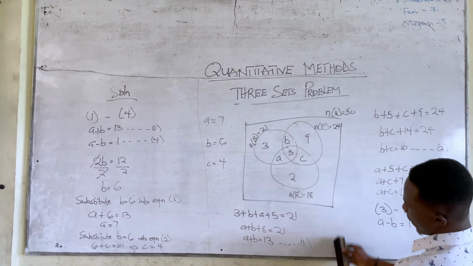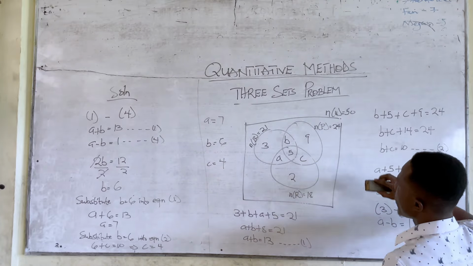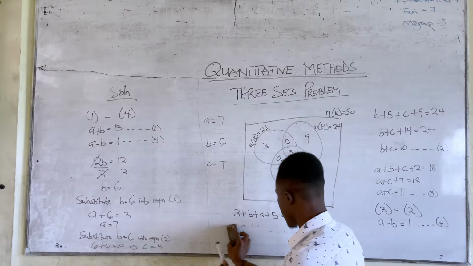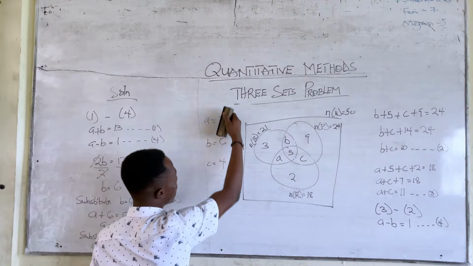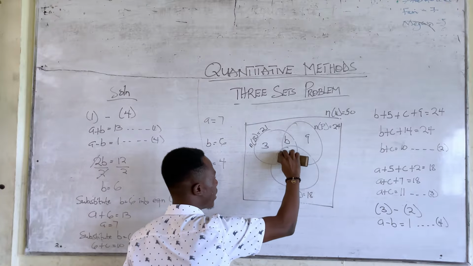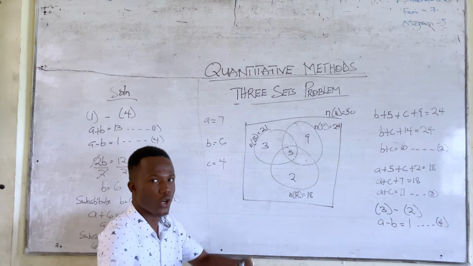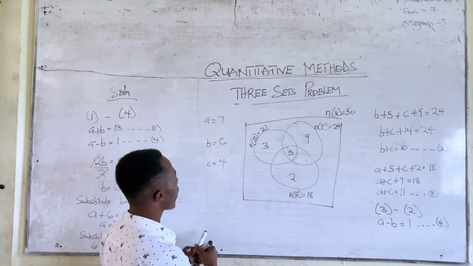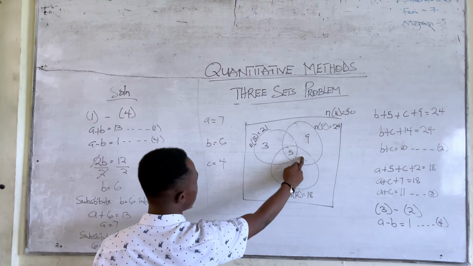I think I would have to clean this since we know the values of A, B, and C. I am actually going to draw another Venn diagram and insert these values. So in your working, you have to draw another one. Where did I put the A? A, B, C, right?